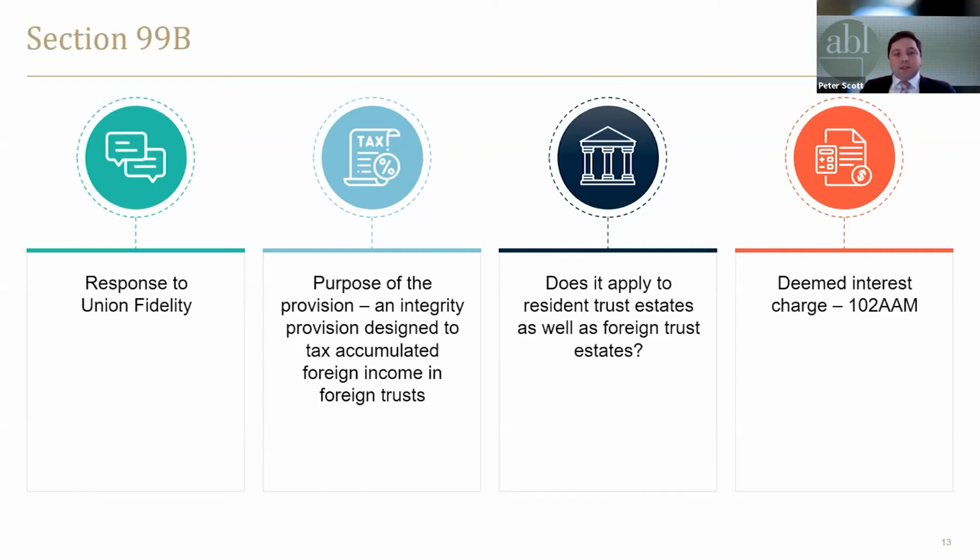So the genesis of section 99B and 99C is the Union Fidelity decision in the 1960s. In that case, the High Court ruled that section 99 did not operate to make trustees assessable on and liable to tax on income derived from sources outside of Australia. Obviously, Division 6 has moved on a bit since the 60s, and now we have an assumption of residency under section 95.